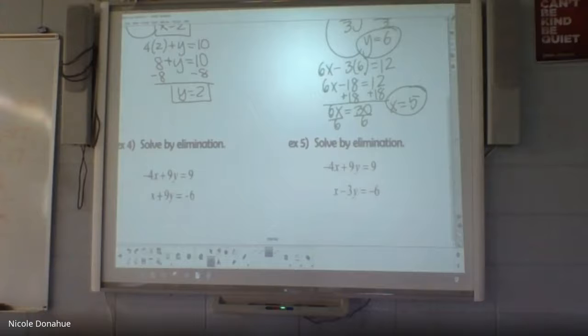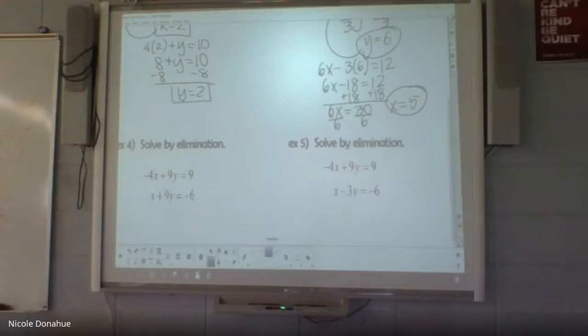No, it's fine. If you multiply by 4, yeah, this becomes a 36 and that becomes a negative 24. Yeah, that's fine. No, it's perfectly fine. I know the numbers get mixed sometimes. Multiply by -1? Yeah.